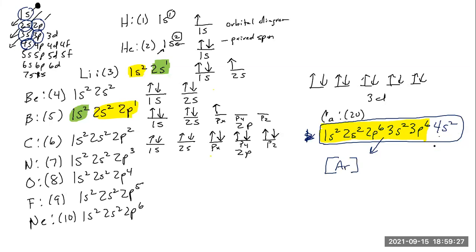Then we continue with the rest of it: argon 4s2. This is what is sometimes referred to as noble gas configuration, which means the thing in the brackets always has to be a noble gas. It's the noble gas that comes right before whatever you're writing the electron configuration for. And then you just continue on with the rest of the configuration. Any questions on that? Again, that's a shorthand way of writing electron configuration.